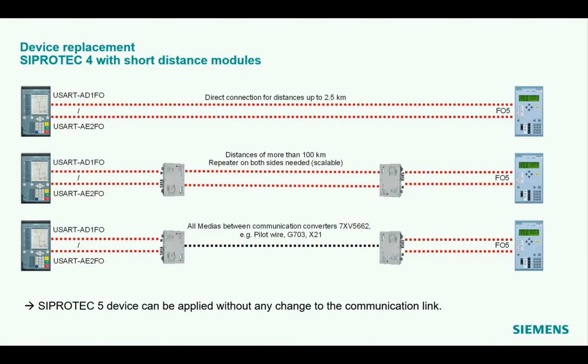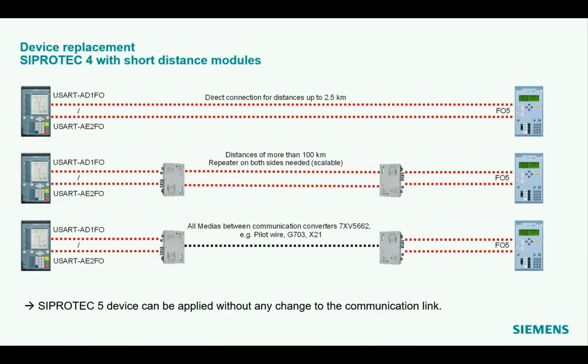The next 3 slides are about the question which communication link for which distance is applicable with the compatibility mode. We start with the communication topologies where you have a short distance module on the SIPROTEC 4 side. For the use cases on the slide, no changes are necessary. Here you simply can exchange a SIPROTEC 4 with a SIPROTEC 5 device.